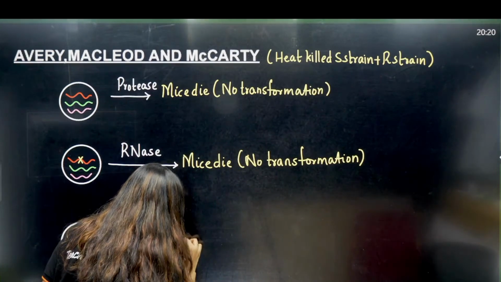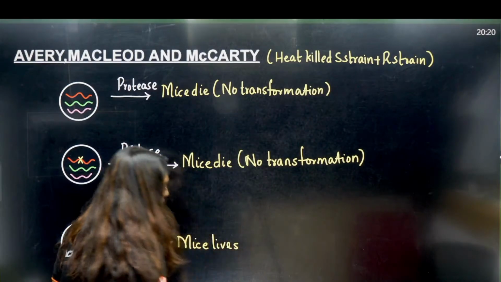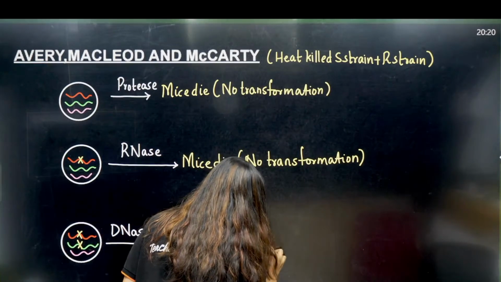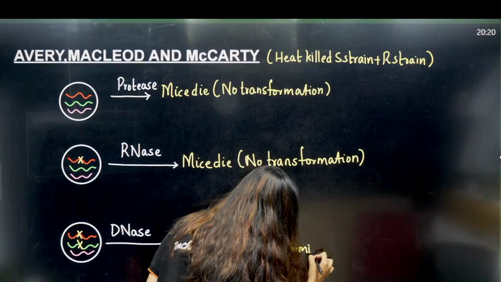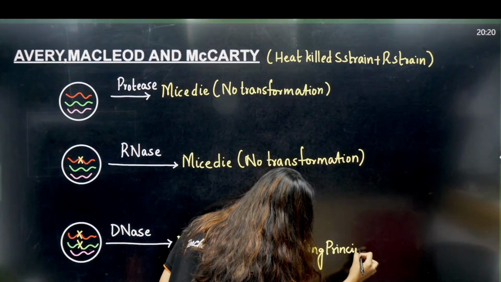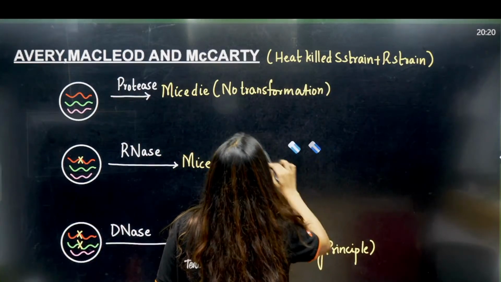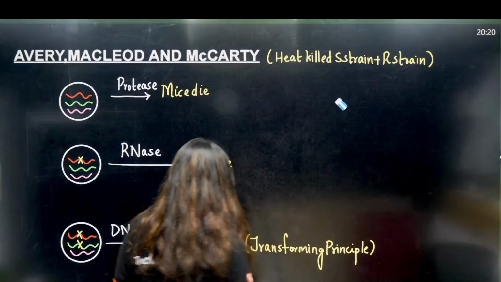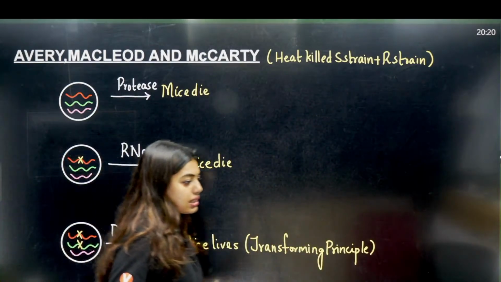Here what is going to happen? We notice that the mice lives. That means this becomes the transforming principle. Clear? No transformation here, no transformation here. Finally, the transforming principle is the DNA.